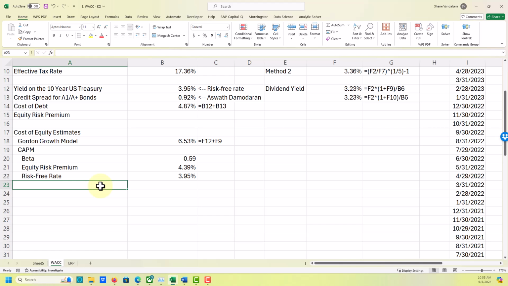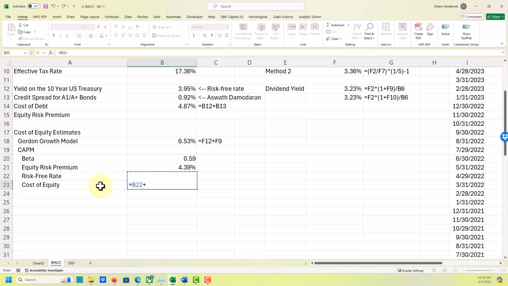The cost of equity using the capital asset pricing model is equal to the risk-free rate plus the beta for the firm multiplied by the equity risk premium. So we get a value here of 6.54%.